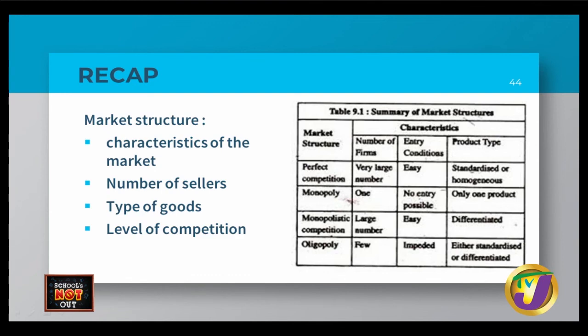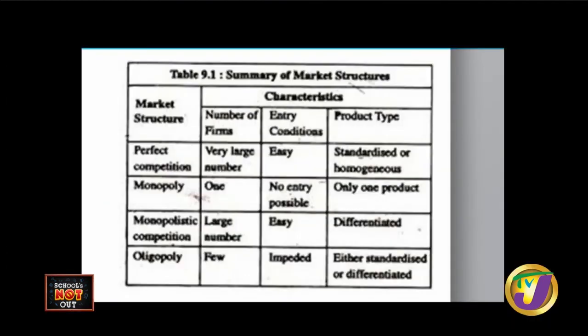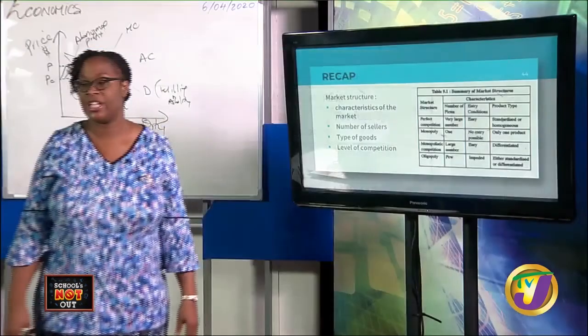And the product type, the goods are differentiated, usually by branding. Oligopoly, few large firms, anywhere between 3 to 8. Entry conditions, there are significant barriers. And the type of good can either be homogeneous or differentiated.